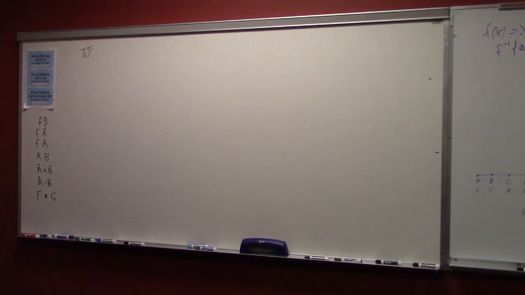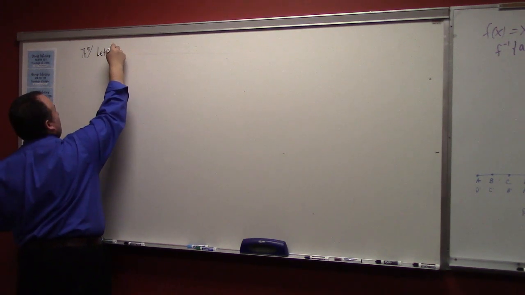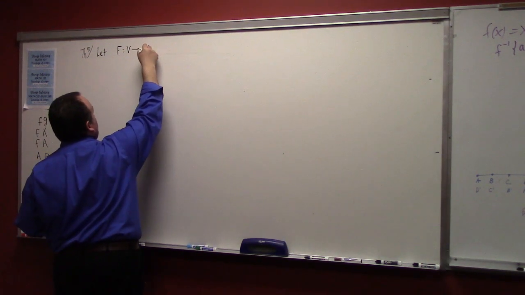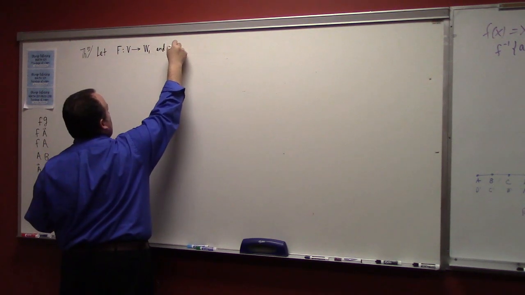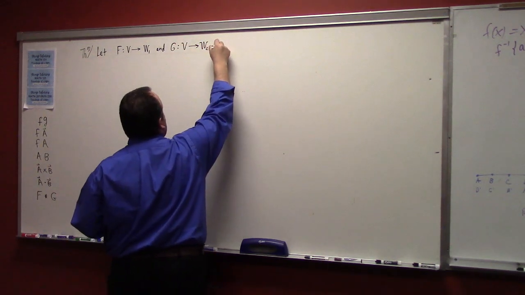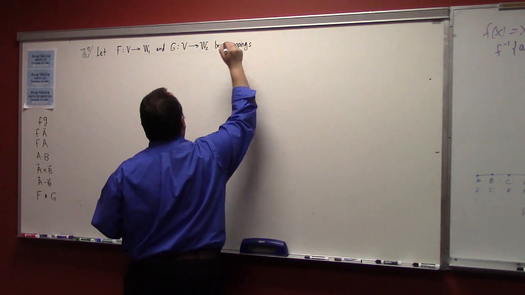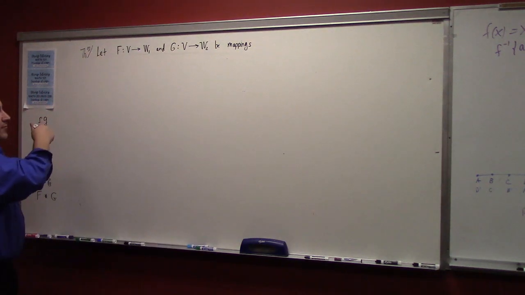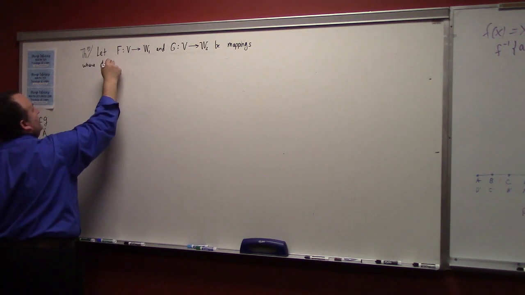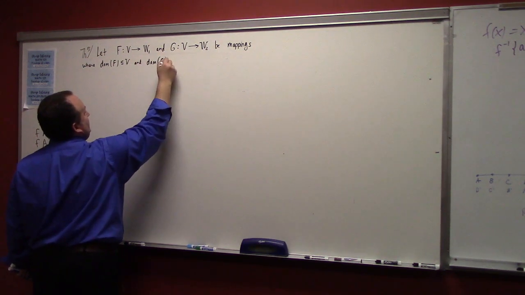So I'll just use big F as a generic letter: let F from V to W1 and G from V to W2 be mappings, not necessarily linear, where technically the domain of F is a subset of V, and the domain of G is also a subset of V.